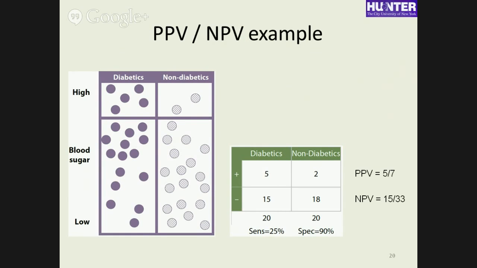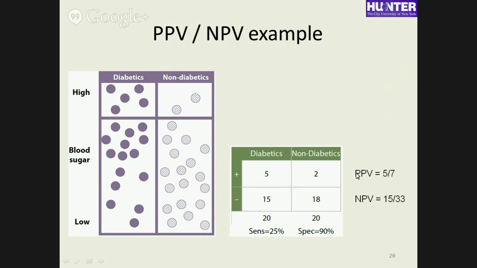Going back to this diabetes example, I told you before that sensitivity and specificity are the columns. Well, PPV and NPV are the rows. Here was a calculation of sensitivity and specificity. Here's the calculation of PPV and NPV.